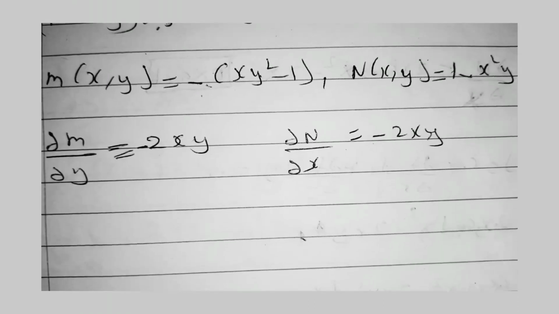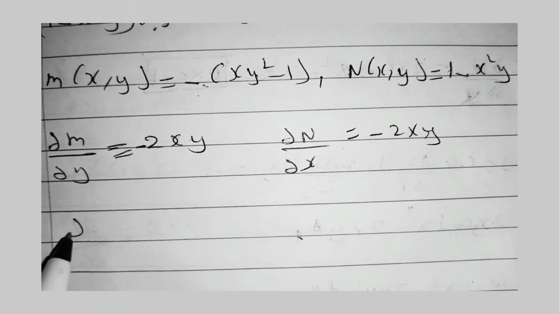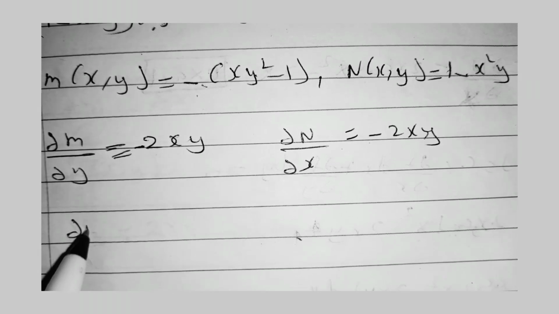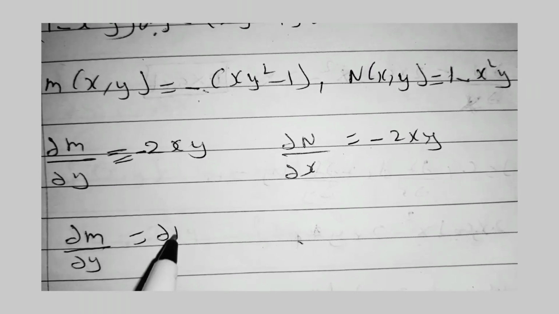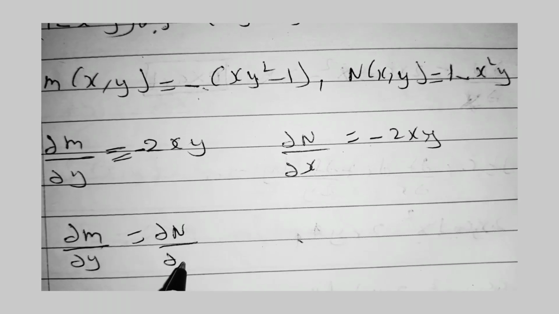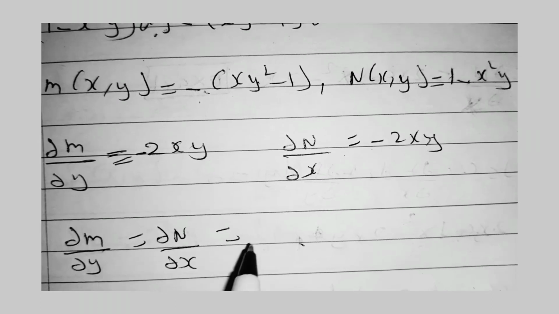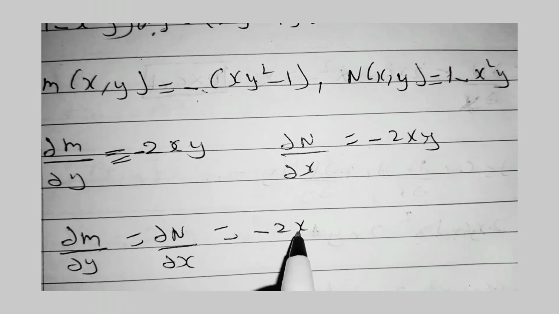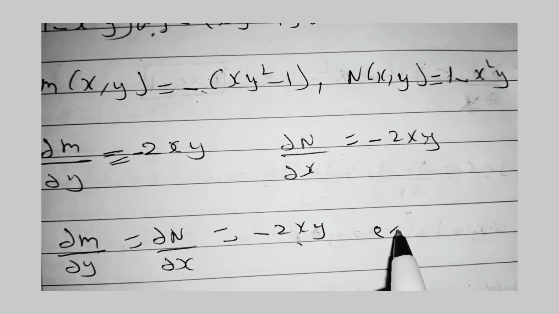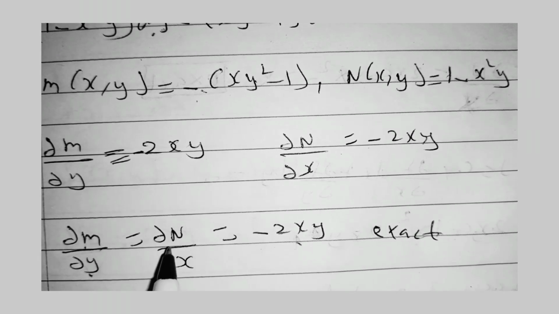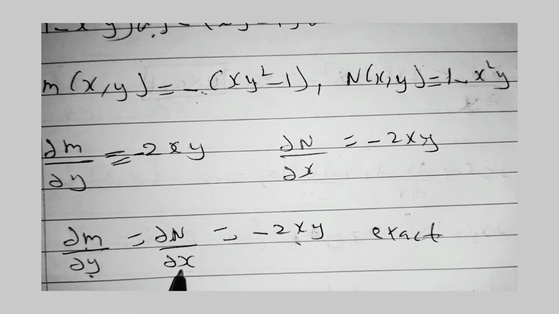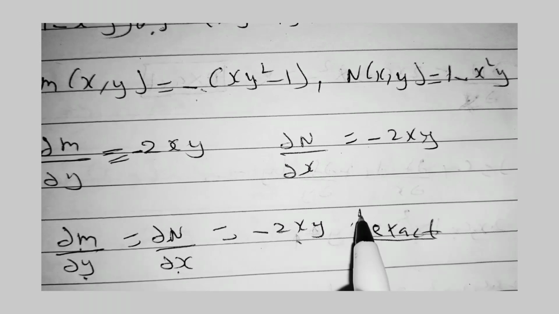Then from there, you compare the partial of M with respect to y with the partial of N with respect to x. In our case, it is equal to negative 2xy. If the results are equal, partial of M with respect to y equal to partial of N with respect to x, then that tells you that your equation is exact.